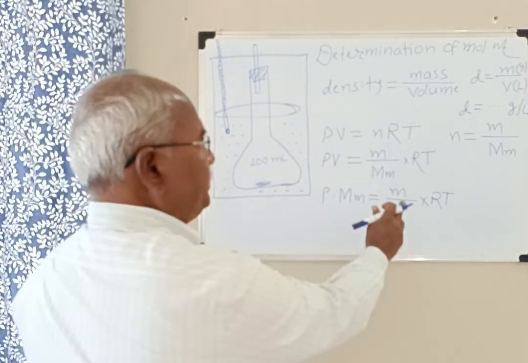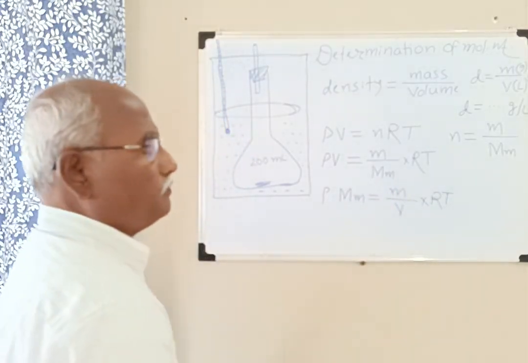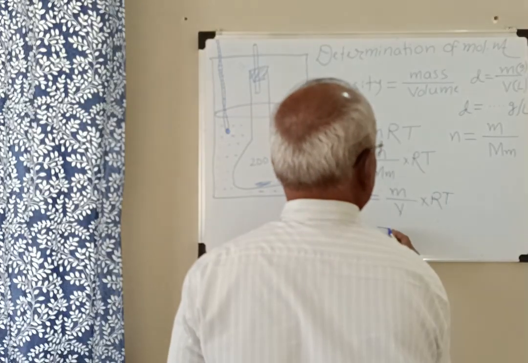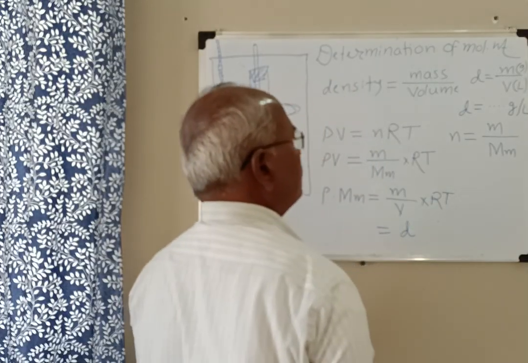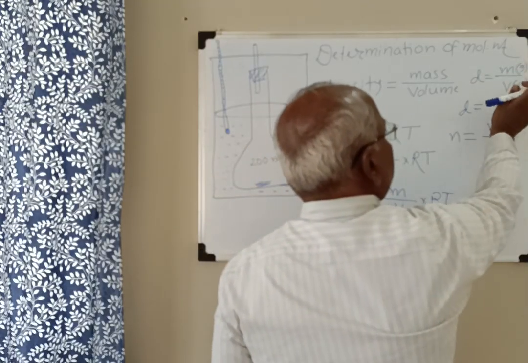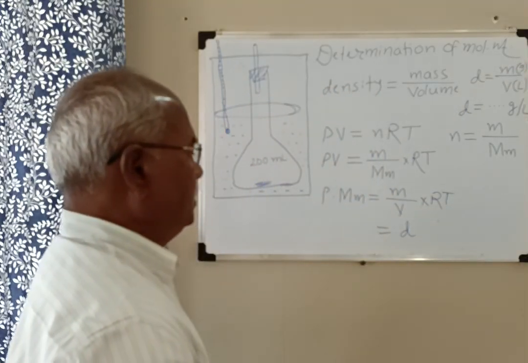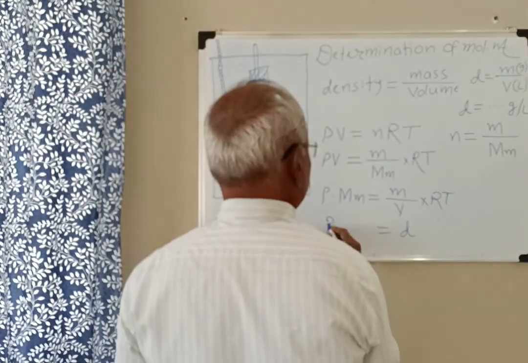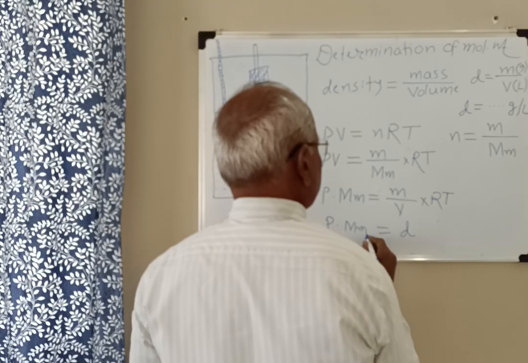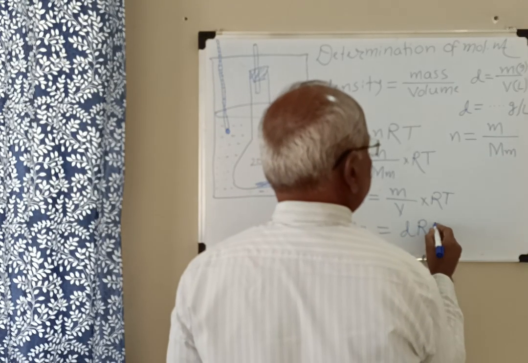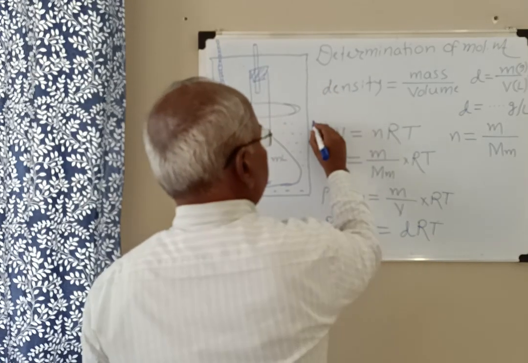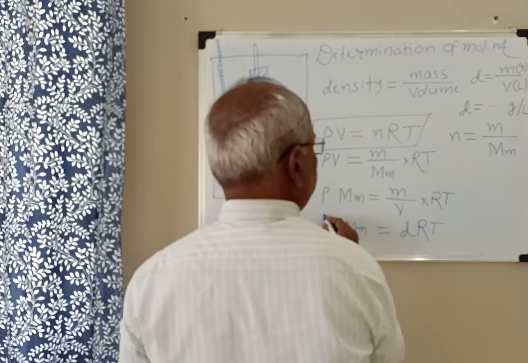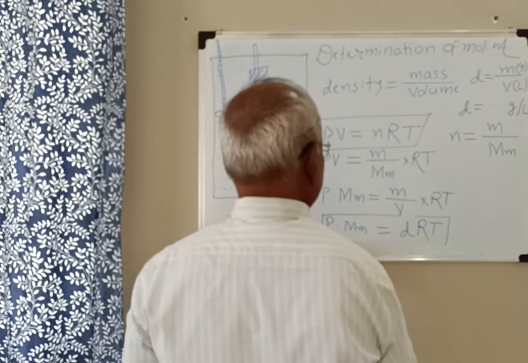But you know that m upon V is equal to density. Look here. Mass divided by volume. So the equation becomes P MM is equal to dRT.